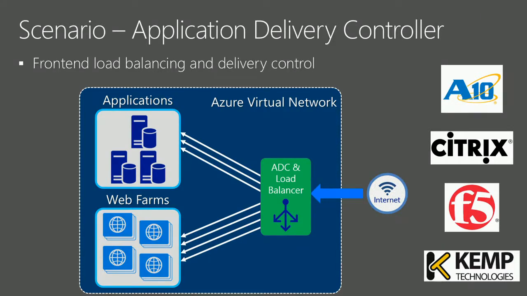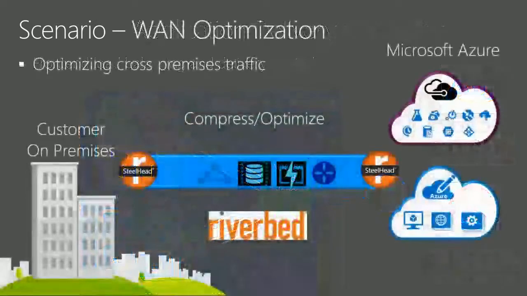And the second scenario we're highlighting is WAN optimization. I'm going to stay closer since the clicker is not working very well. WAN optimization is a very interesting category of appliances because it works in a truly hybrid fashion, right?